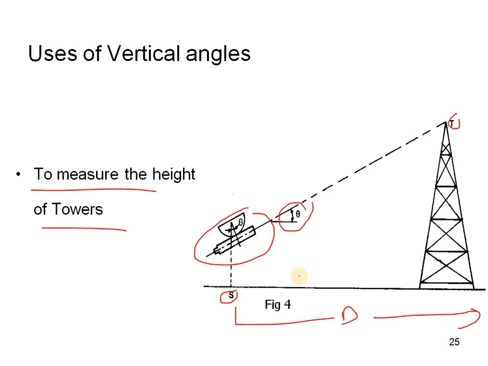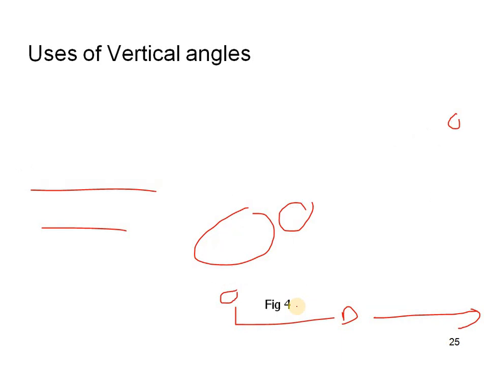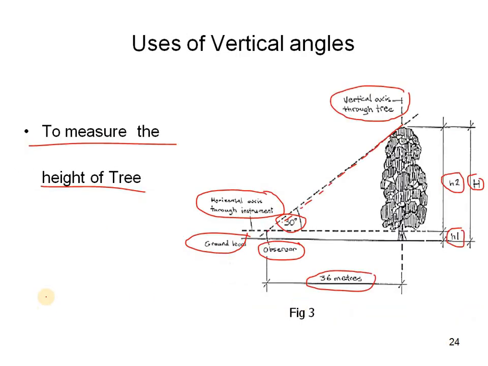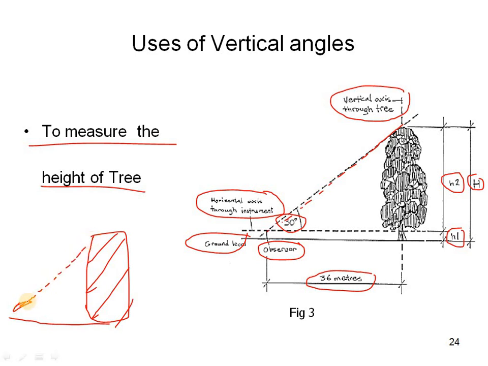Not only for towers, but for electrical poles or buildings also, we can measure. If this is a building and the person or instrument is at the bottom, and the upper level is there, we can take the top angle also.